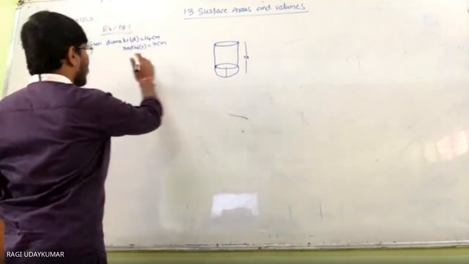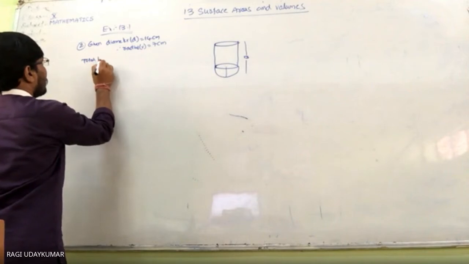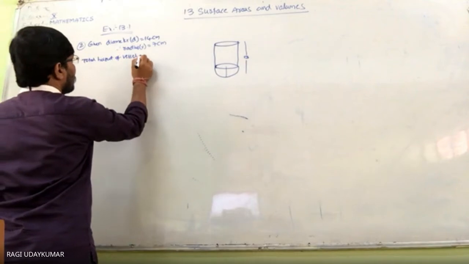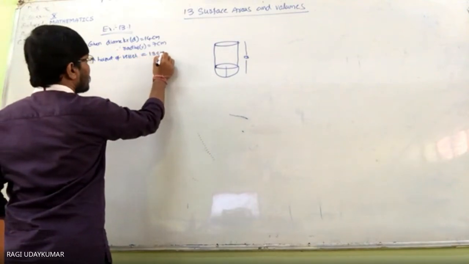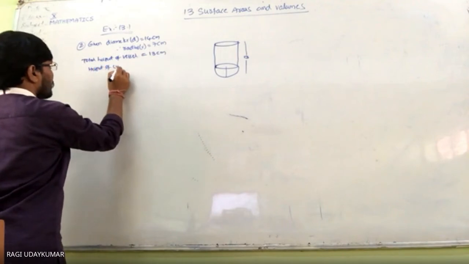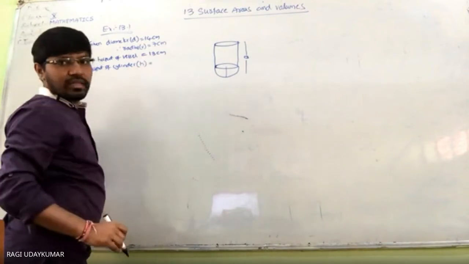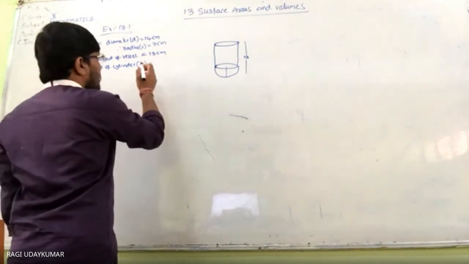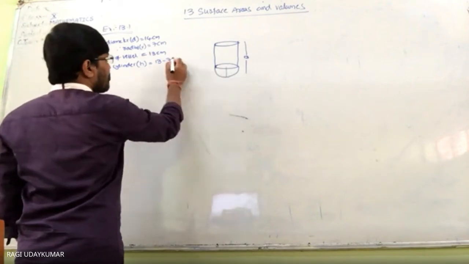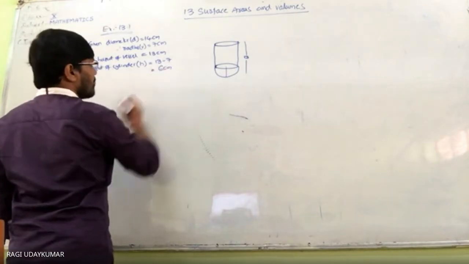So total height of the vessel is equal to 13 centimeters. Therefore, height of the cylinder, represented by h, is equal to 13 minus 7 because this radius should be subtracted, which is equal to 6 centimeters.